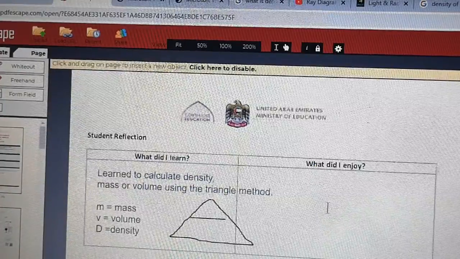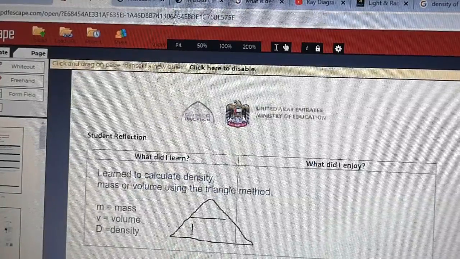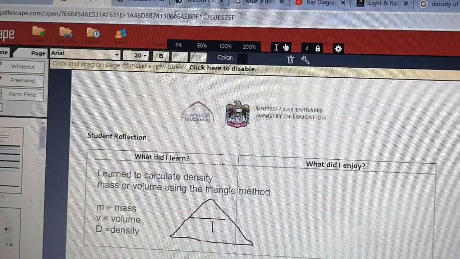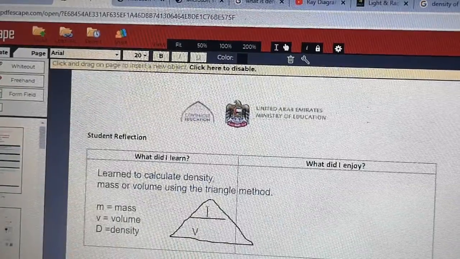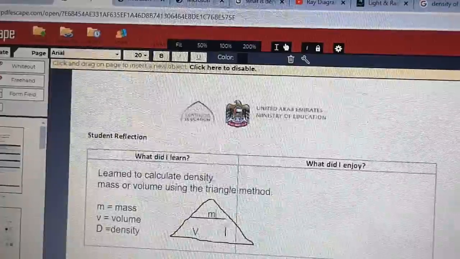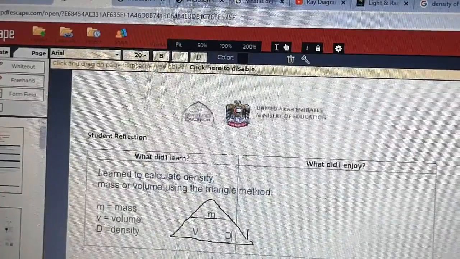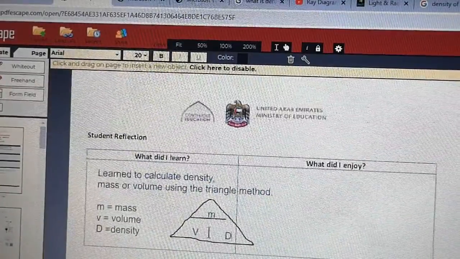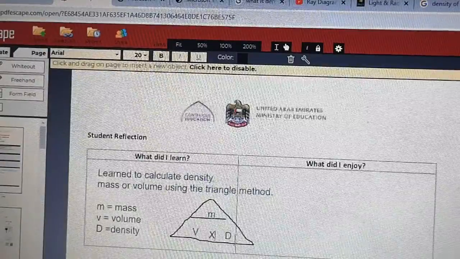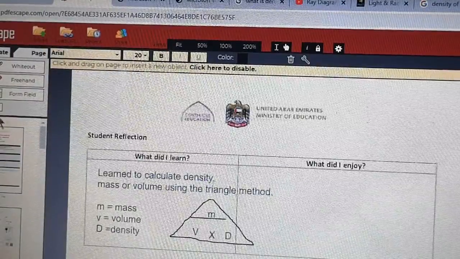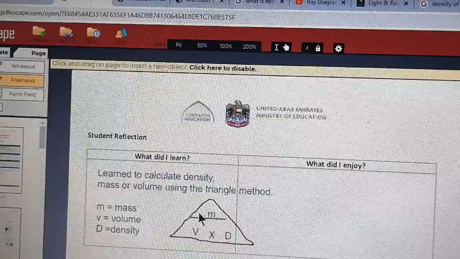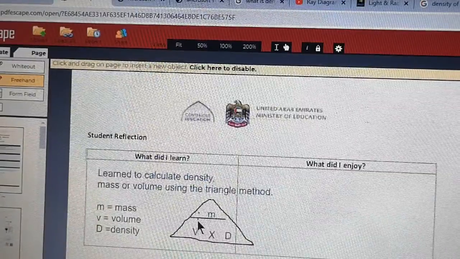Now we had V here, mass at the top, and density on the right. We had the multiplication sign here, and we had a division sign here and here.